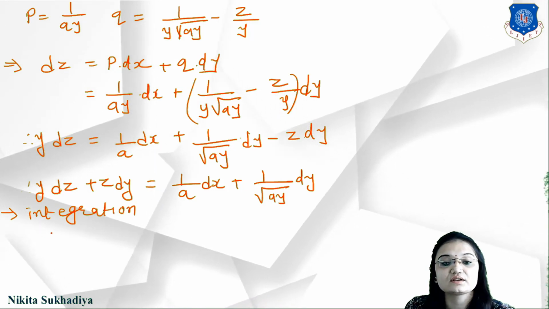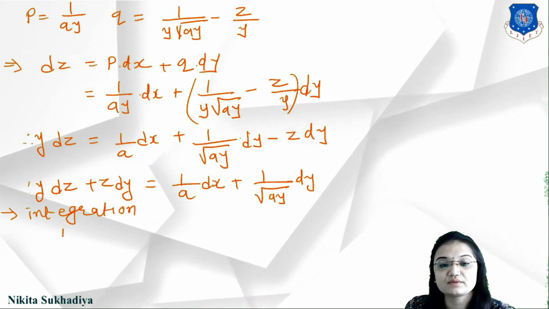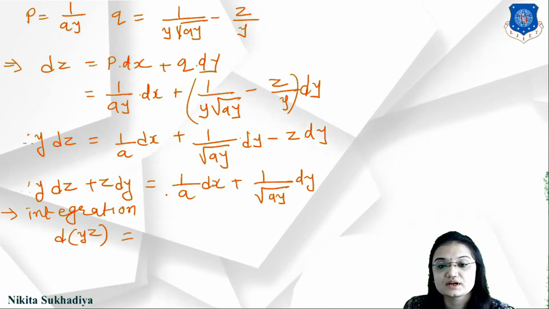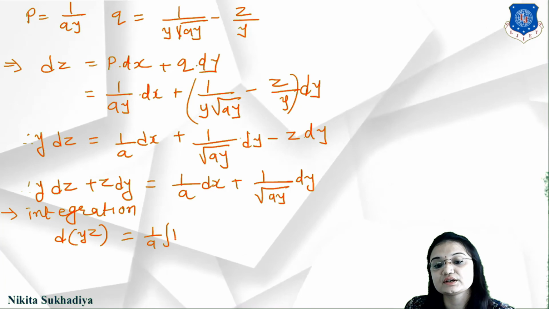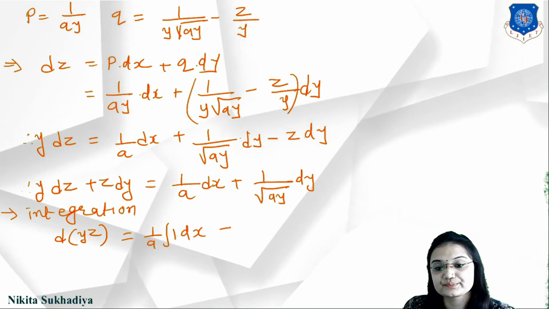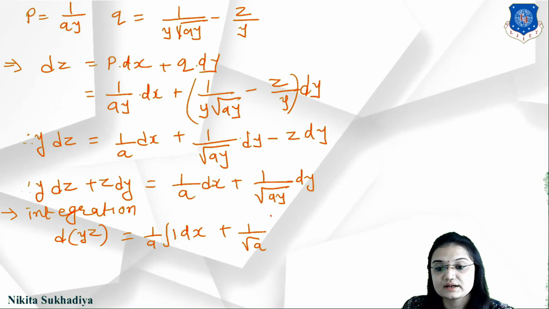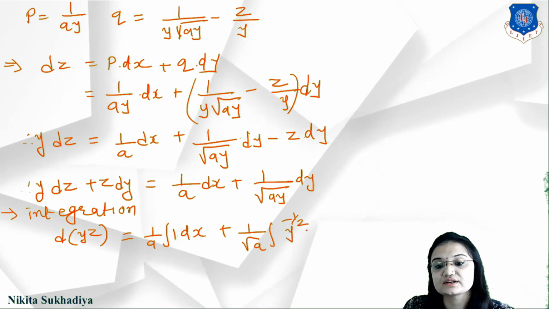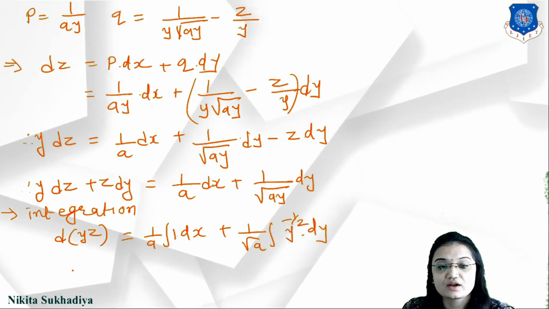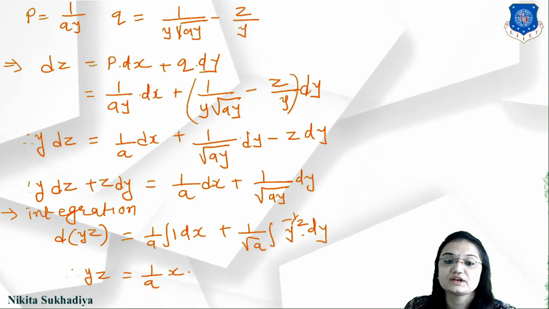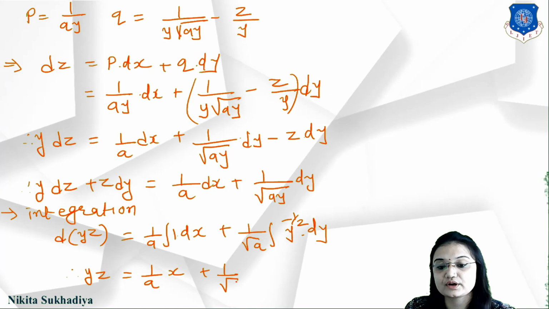so this is nothing but the derivative of y z is equal to, here we have 1 upon a integration of 1 into dx plus, here 1 upon under root of a common, and here integration of y raised to minus 1 by 2 into dy. Okay, so this will become yz is equal to 1 upon a into x plus 1 upon under root of a.